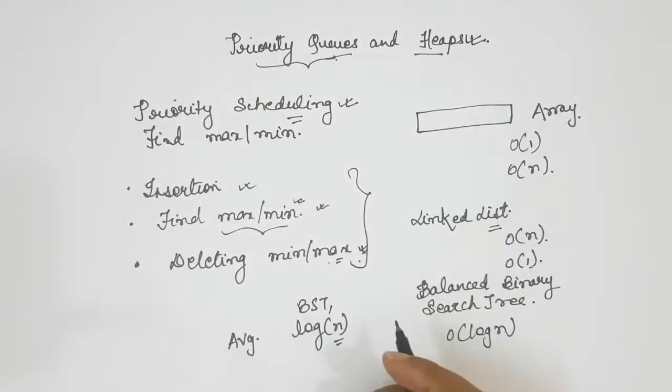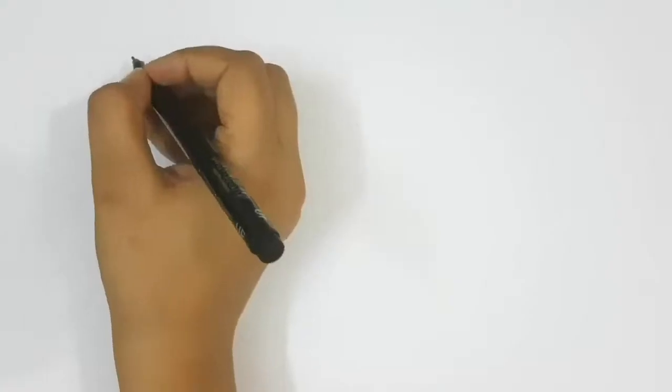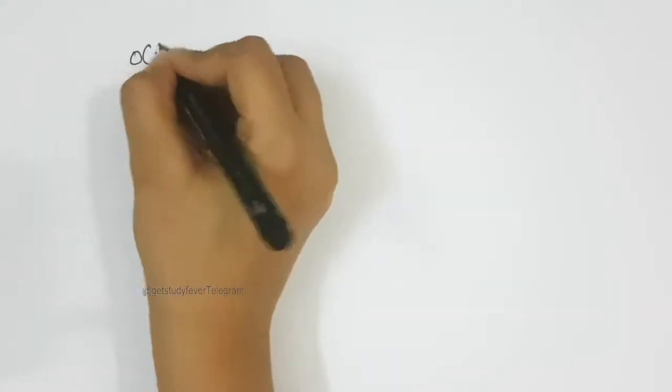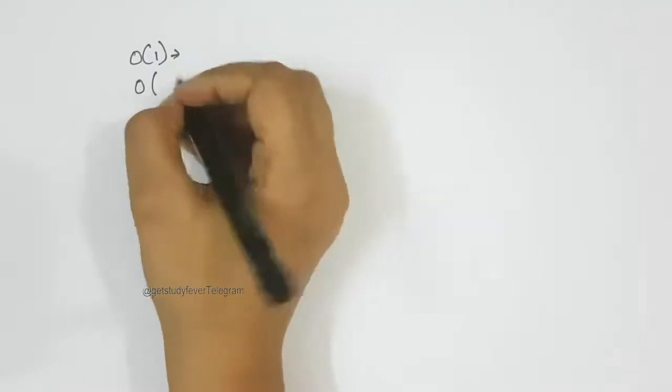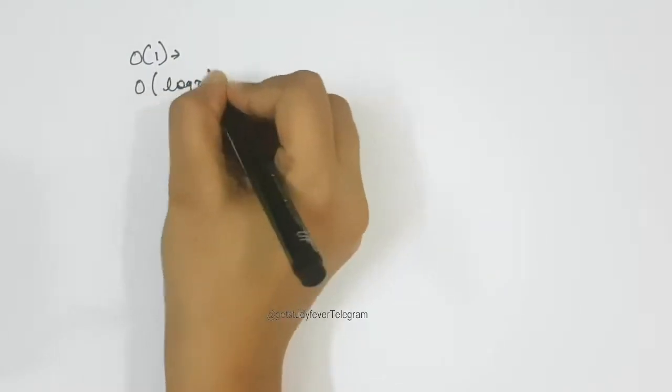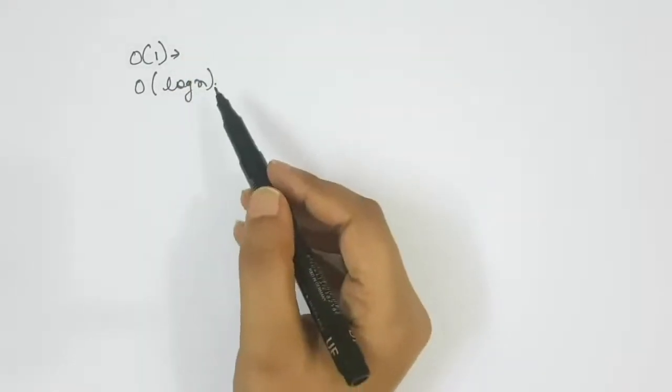First let's try to understand what a heap is, and then we will see how we find the minimum or maximum element, insert a new element, and delete an element. Finding a maximum element takes O of 1 time. Insertion and deletion take O of log n in the worst case. So you can see that this is better than the rest of the data structures that we saw.